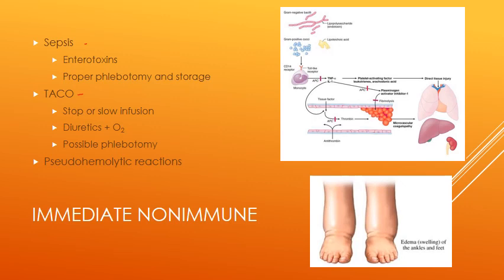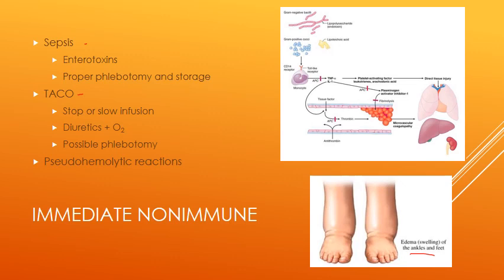Probably the biggest sign we can see is edema. Unfortunately, some of it can be pulmonary, and that is an important complication that we have to keep in our eyes. But really, you can see here the edema in the ankles, in the eyes, in the face. This is an important thing that nurses and doctors have to look for.